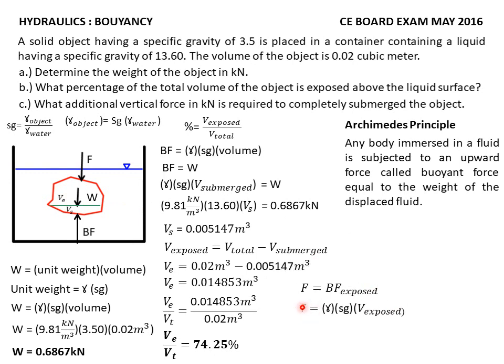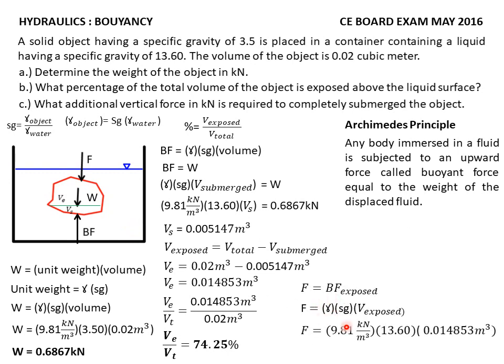What is the buoyant force of the initially exposed? It is the unit weight of water, multiplied by the specific gravity of the fluid, multiplied by the volume of initially exposed. So, substitution.